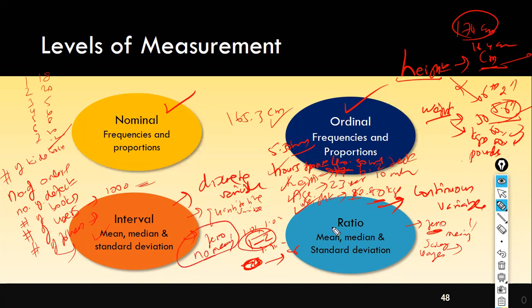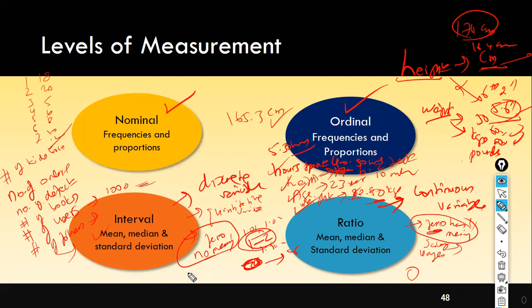Can someone tell me what that means? For example, how much balance you have in your bank account. If you say zero, it makes sense. In my application, if I say I have zero balance in my account, that makes sense.